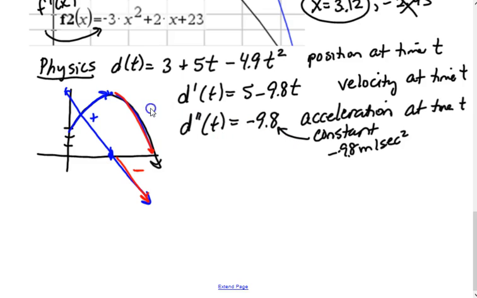Gravity pulls things down at a constant acceleration of negative 9.8 meters per second squared. So the velocity increases as something drops to the ground, but the acceleration, the rate of change of the velocity, is constant. So once again, the original function and the first and second derivatives are position, velocity, and acceleration. Those are two different examples of where first and second derivatives are used.